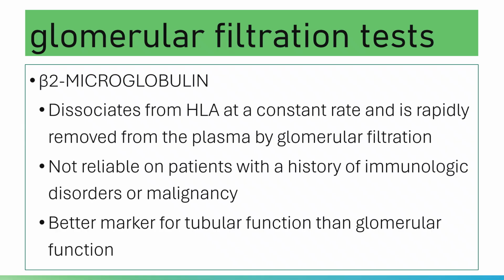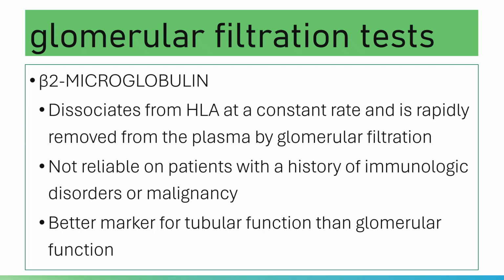Beta-2 microglobulin dissociates from human leukocyte antigen at a constant rate and is rapidly removed from the plasma by glomerular filtration. Yes, it is a protein, but it has an 11,800 Dalton molecular weight, and that is why it will easily pass through the glomerular filter.